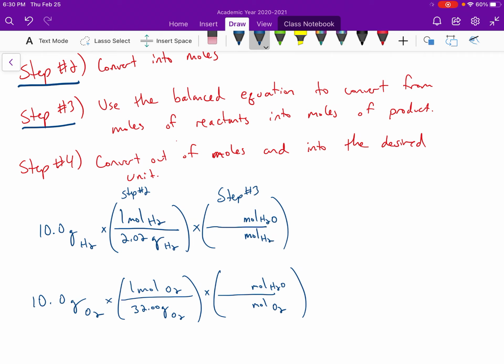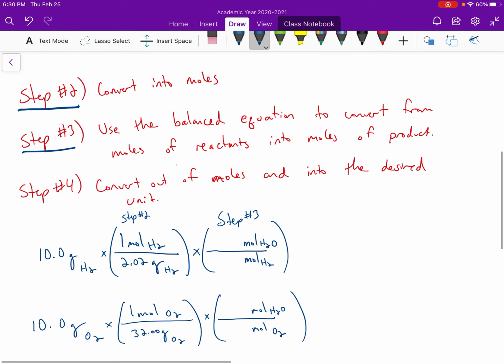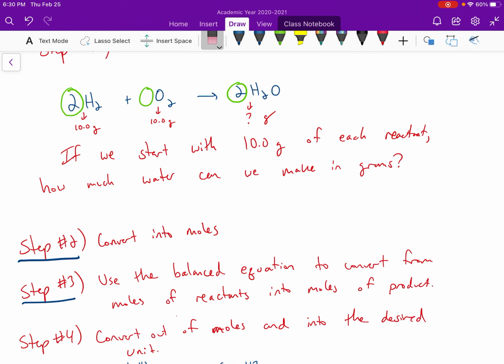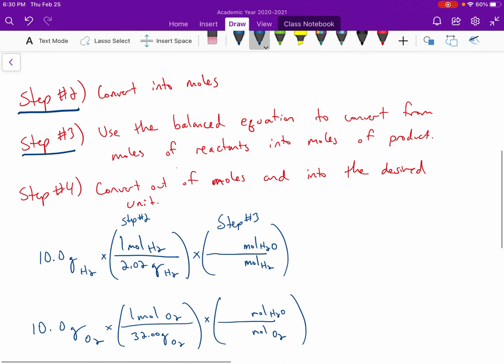And I'm going to literally just write down the relationship between the two substances I'm talking about. So for the first one, I'm talking about hydrogen and water. What's my relationship? Here we go. 2 hydrogens to 2 waters. All right? 2 to 2, or 1 to 1.